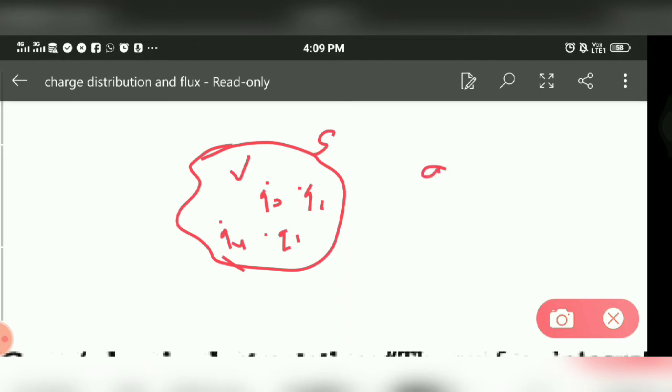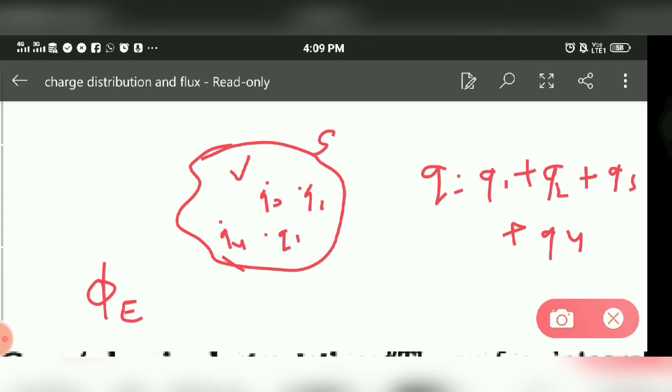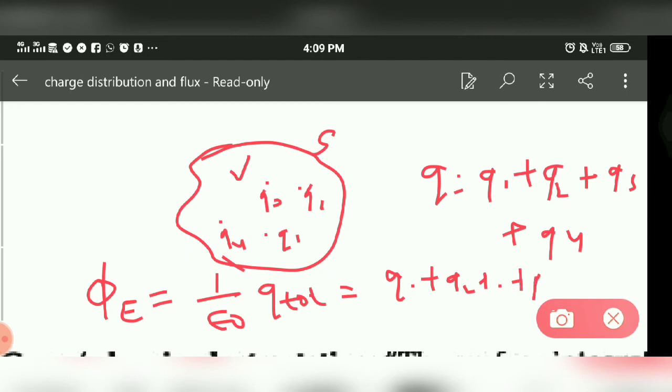The total charge in it is Q1 plus Q2 plus Q3 plus Q4. According to Gauss theorem, the electric flux through it is 1 by epsilon naught times the total charge enclosed, that is, Q1 plus Q2 plus Q3 plus Q4 upon epsilon naught.